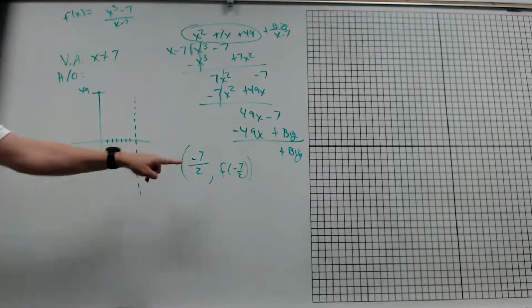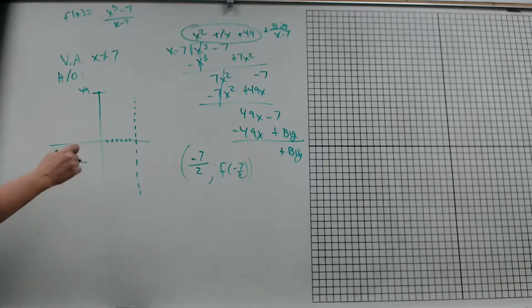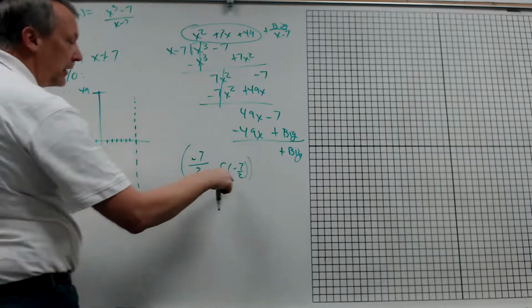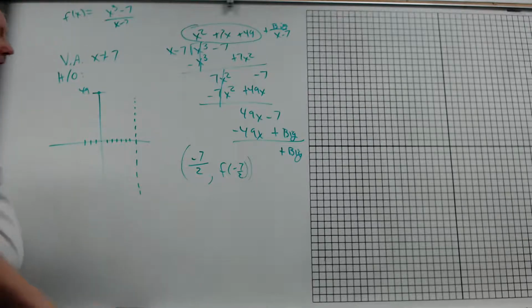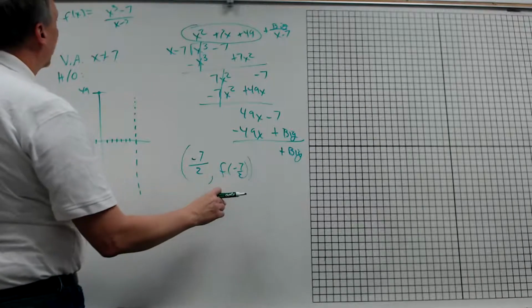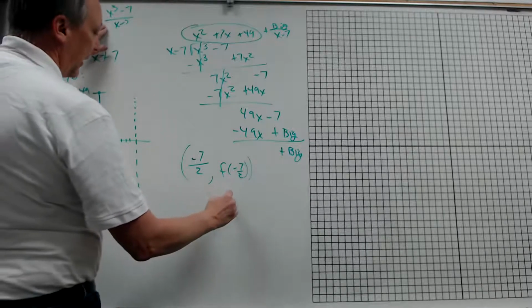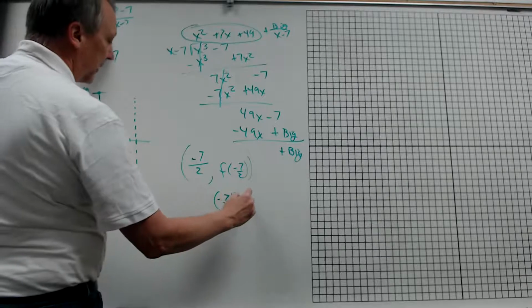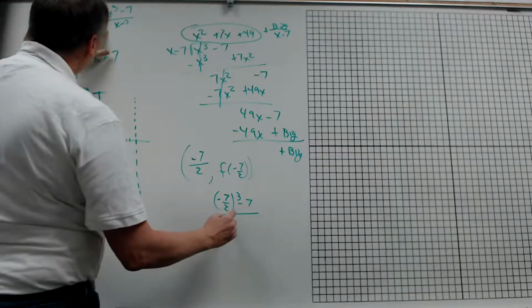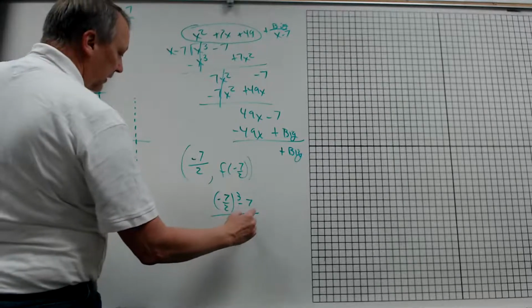Okay, so my vertex is at x equals negative 3.5, right? Now I need to figure out how deep it goes. So that's what you guys get for me making up a problem. Negative 7 halves cubed minus 7, all over negative 7 halves minus 7.